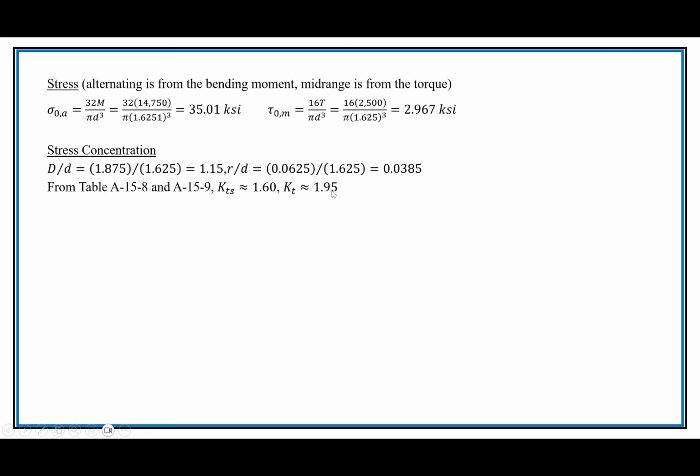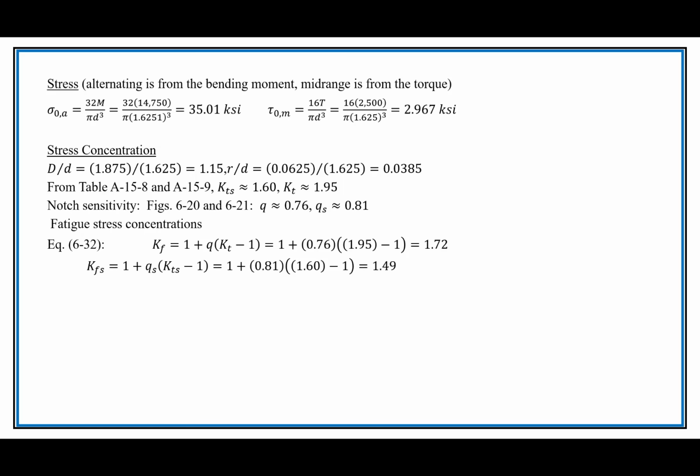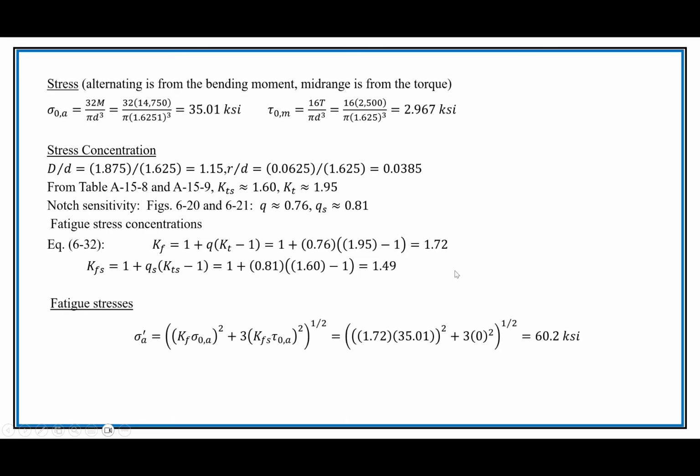And so 1.6, 1.95, and then use that 1/16 of an inch along with the ultimate strength in figures 6.20 and 6.21 to find the notch sensitivity for both bending stress and shear stress, and then apply them to both of these and get the fatigue stress concentration, which is slightly less because of the notch sensitivity. So 1.72, 1.49.